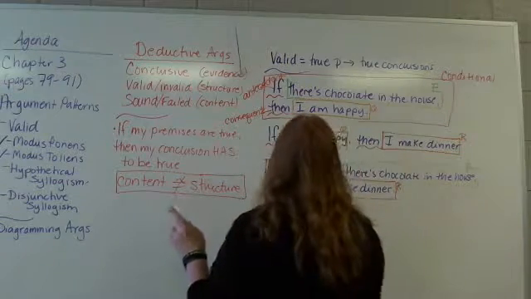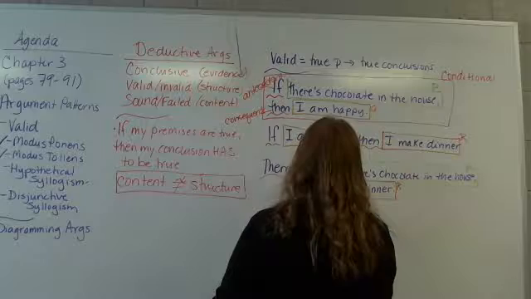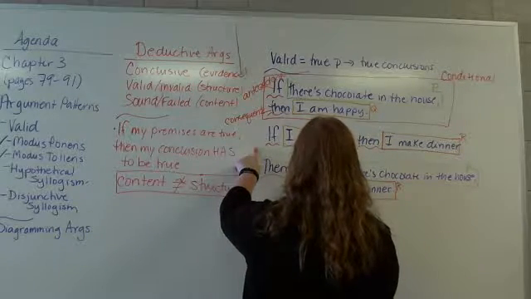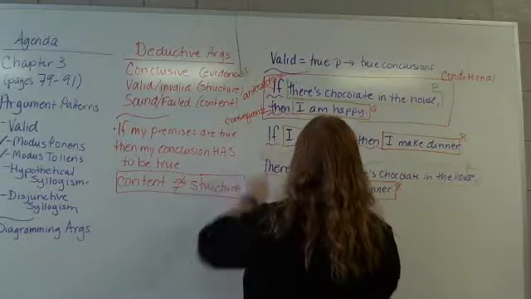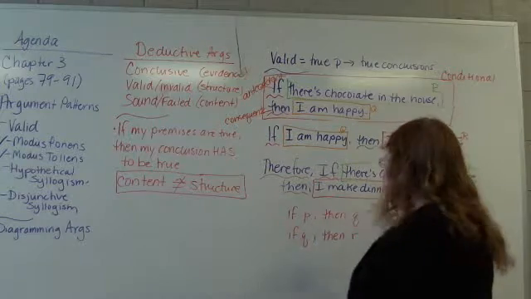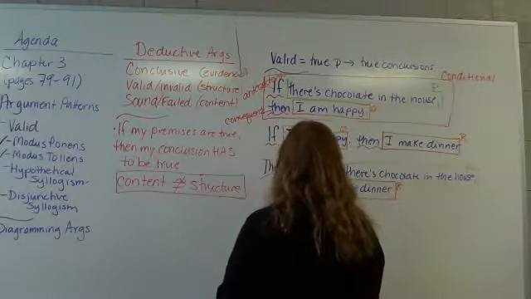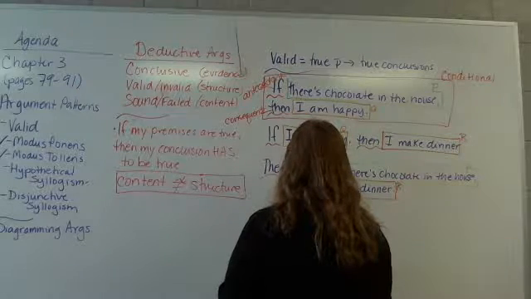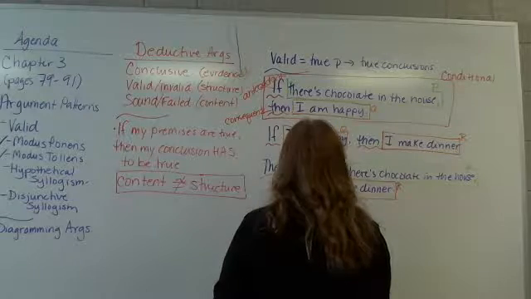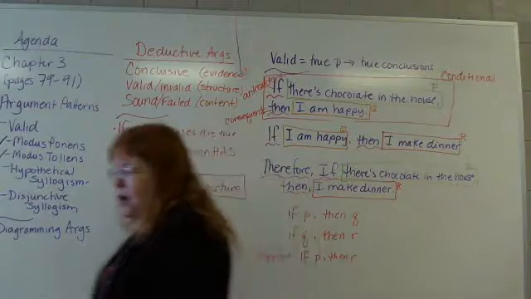So I have if P, then Q, like normal. I have if Q, then R. So I have penguins. If I have penguins, then I have quail. If I have quail, then I have rabbits. Therefore, if P, then R. That's my argument.